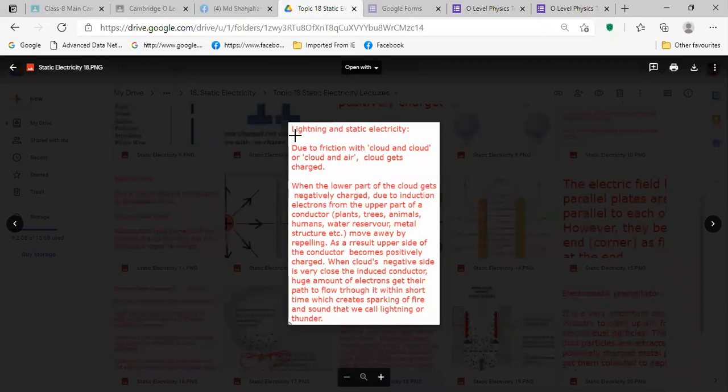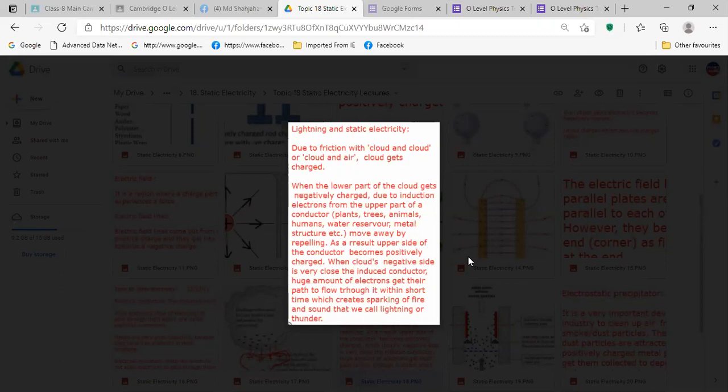Adrita, can you read it? Yes, sir. Lightning and static electricity. Due to friction between cloud and cloud or cloud and air, the cloud gets charged. When the lower part of the cloud gets negatively charged, due to induction, electrons from the upper part of conductors, plants, trees, animals, humans, water reservoirs, metal structures, etc., move away by repelling.